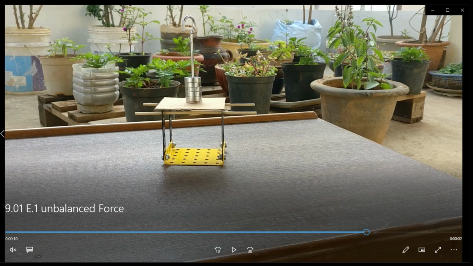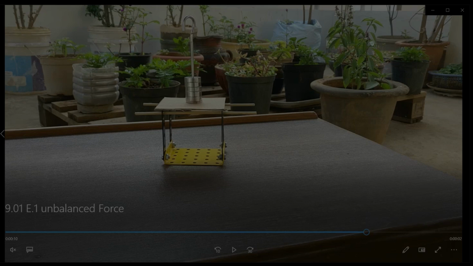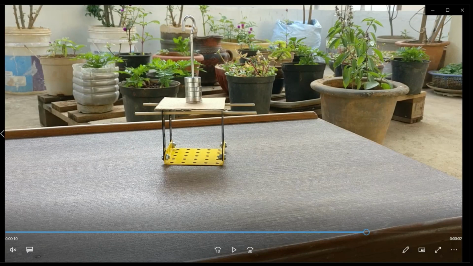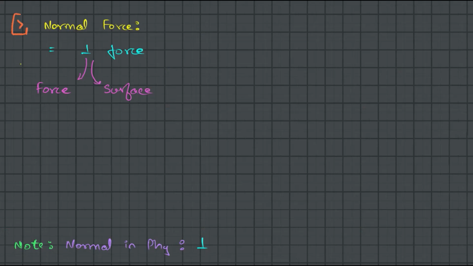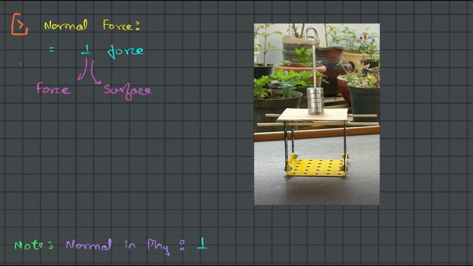Everything on the screen is an example of normal force. Even the pods and everything, all of that is an example of normal force. But I'll just take this and let me show it to you guys.